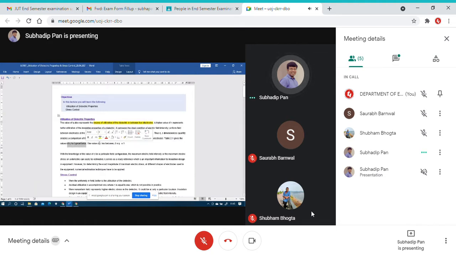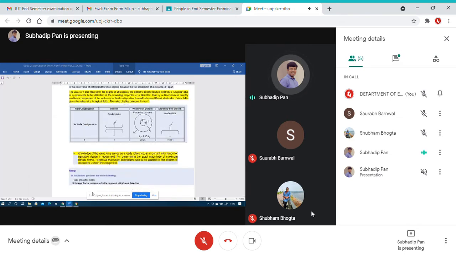The value of mu lies between 0 and 1, that is, this factor mu will vary from 0 to 1, as we see in this table. Mu is always 1 in a uniform field, when we are using two parallel plates. Mu is less than 0.25 if we are using concentric cylinders, which is also known as the weakly non-uniform field class.